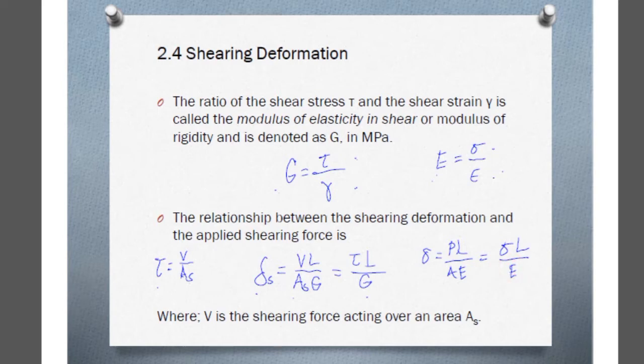Mukhang magkamukha yung equation nila. As you can see, we have here the shearing deformation and the axial deformation, and we have here the shear force. So ang katumbas niyan dito sa axial deformation is the axial force P, and the length the same. The area here is parallel to the force applied, while the area here is perpendicular to the force applied.